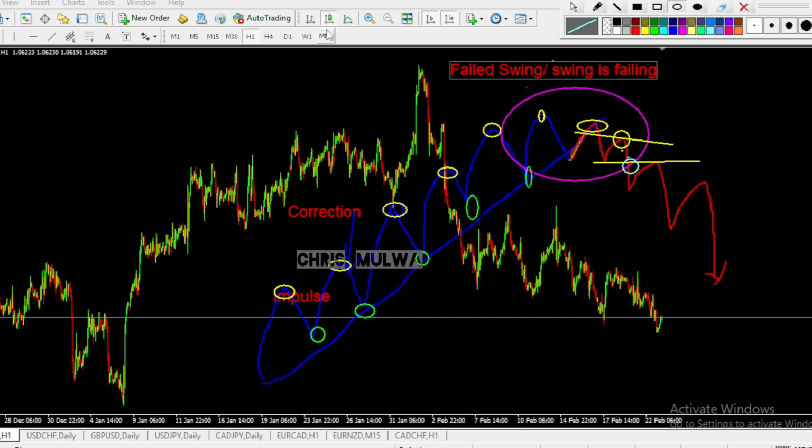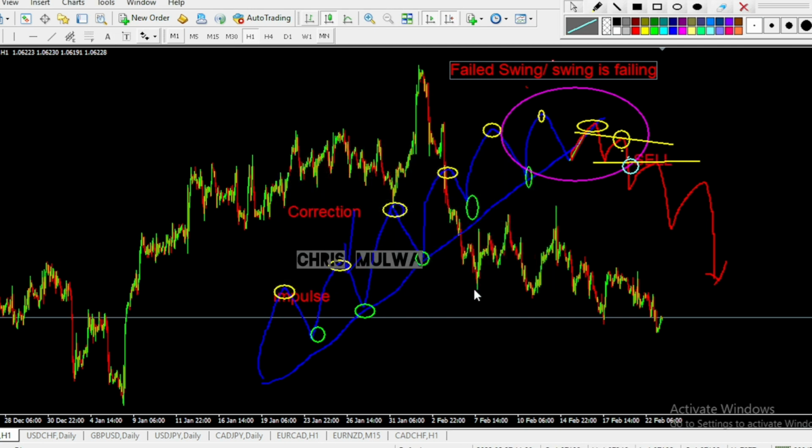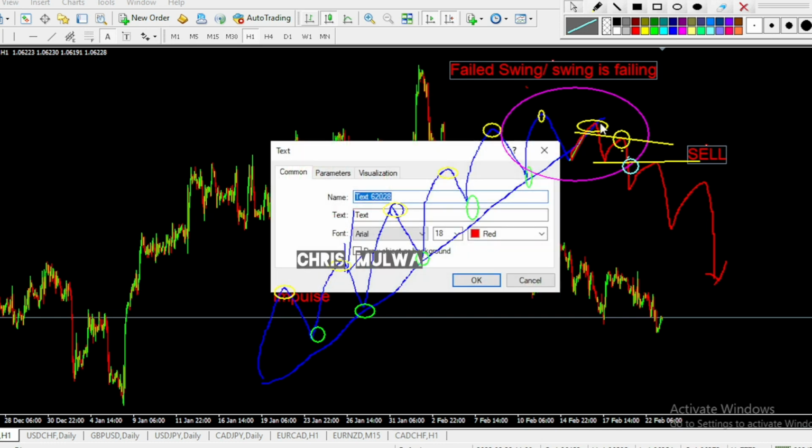Here we place our sell position. You click on sell at that point. Then your stop loss, place your stop loss slightly above.